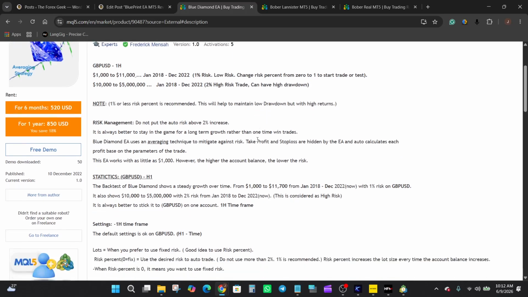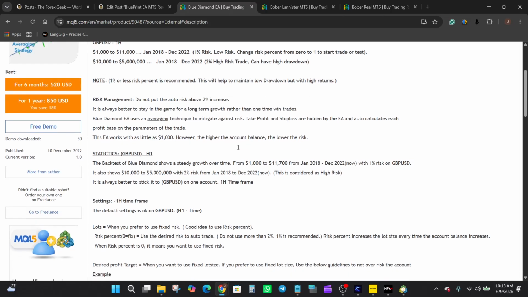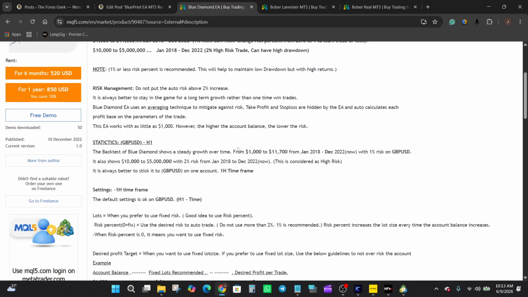The explanation emphasizes long-term account growth rather than pursuing aggressive short-term gains. The product description also states that Blue Diamond EA uses an averaging technique to help manage market exposure. In addition, take profit and stop loss levels are handled automatically by the EA and remain hidden from the chart according to the developer.